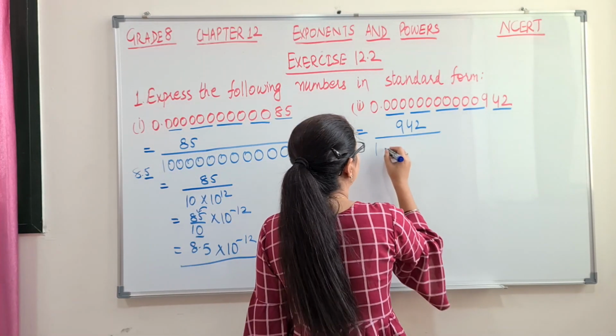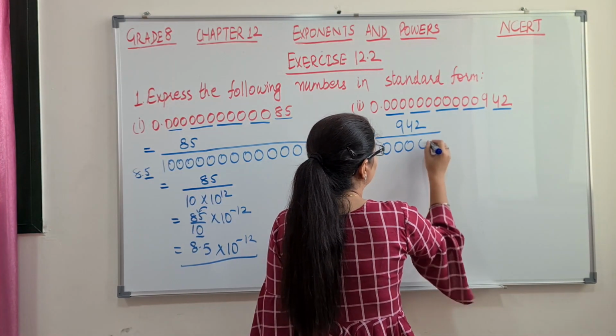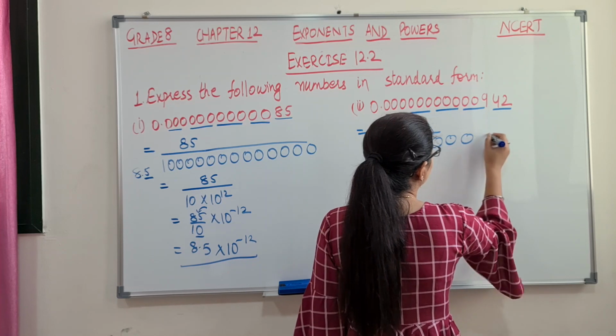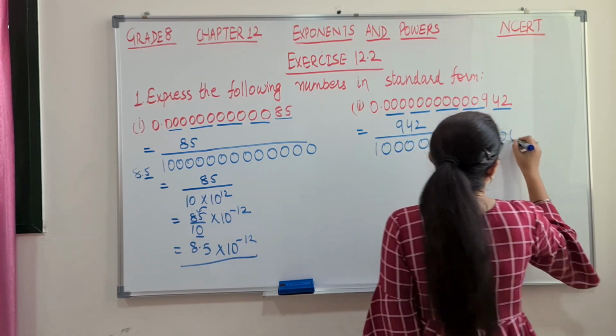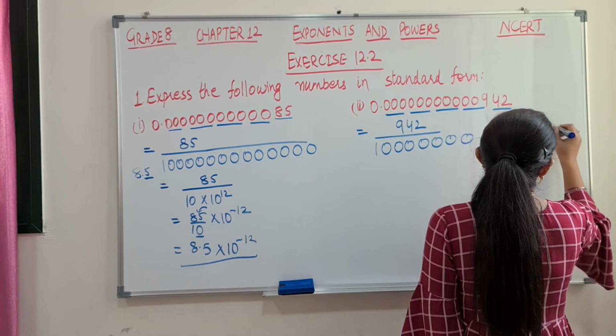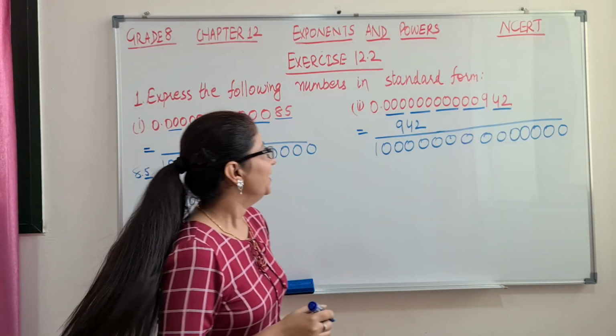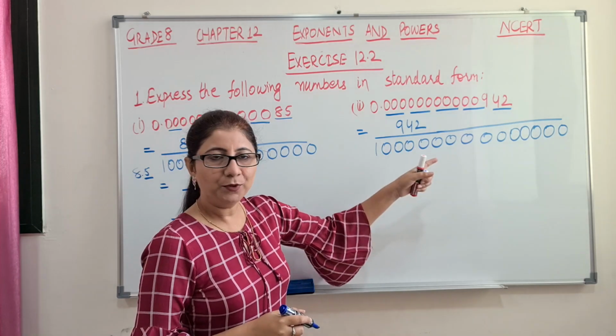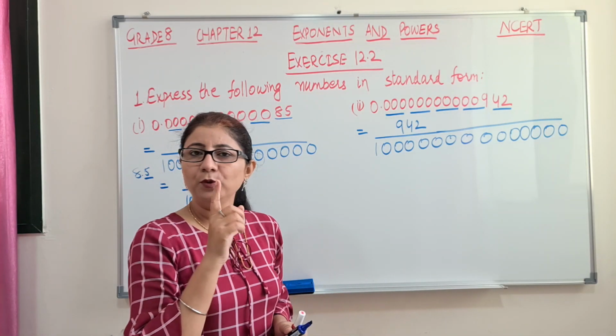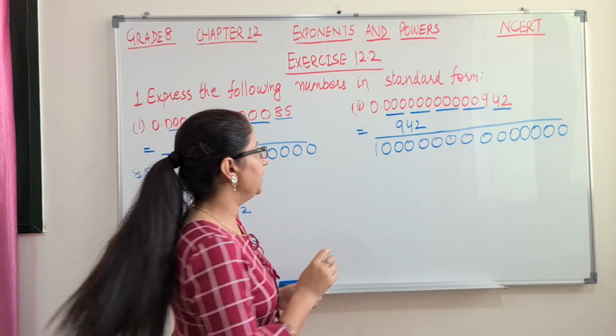So that means 1, 2, 3, 4, 5, 6, 7, 8, 9, 10, 11, 12, 13, 14. So many zeros. So again I want 9.42 because in standard form only one digit should be before decimal.